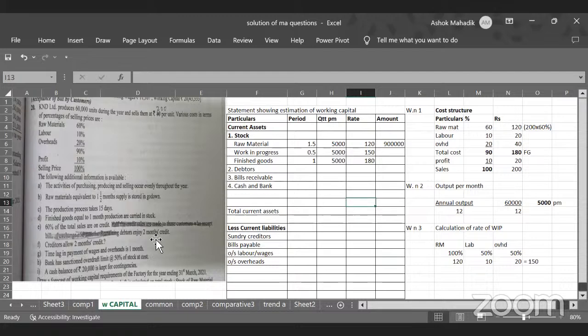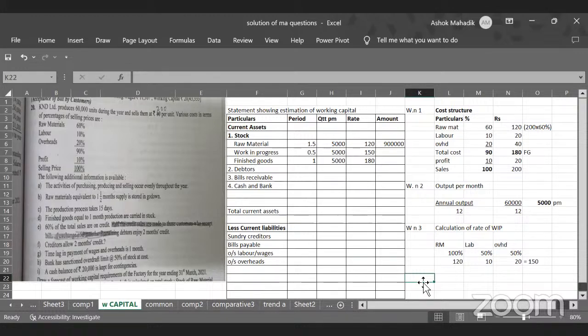Next, 60% of total sales are on credit. If we are selling or producing 5,000 units per month, but only 60% are sold on credit. So where will this be useful? While calculating debtors. Debtors are formed only in case of credit sales.